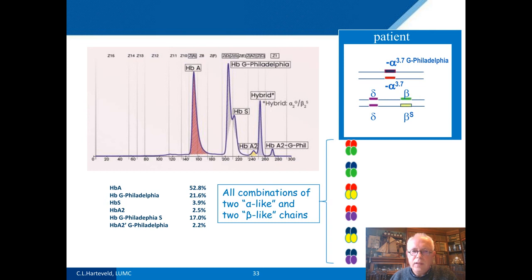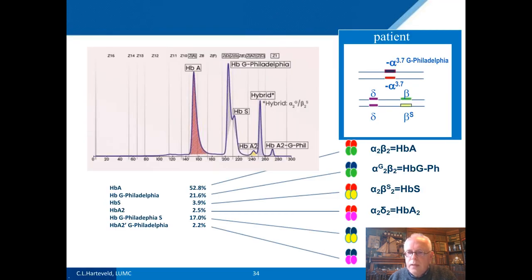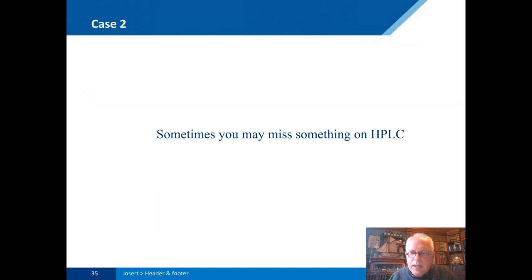So in total you have 6 different hemoglobin types, and all of them you can trace back on the pattern you see on the left side.